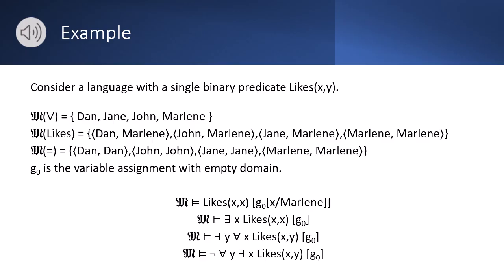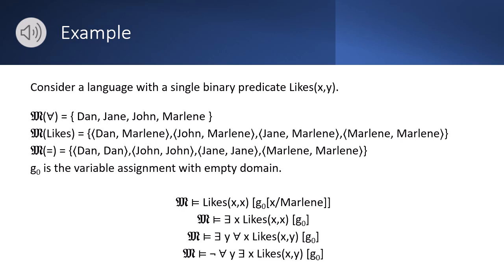Now, let's further assume that G0 is the variable assignment with the empty domain, so it doesn't assign any of the variables any of the elements of the domain of discourse. Now, the first expression we'll look at is on this first line, and it says that this structure M satisfies the predicate likes x x when we have the variable assignment G0, where x has been added to the domain of G0 and the output of x is Marlene.